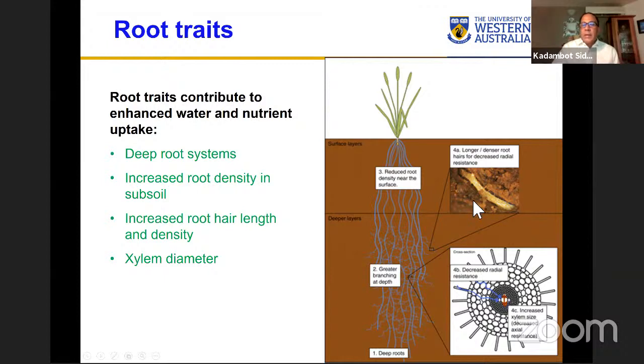Root hairs are the surface by which nutrients and water are taken up. Then the xylem diameter. If you dissect your root system, you can look at, for example, decreasing the radial resistance, and also increasing the xylem size decreases the axial resistance. If you look at the root as a pipe, the flow of water depends upon the length of the root, but also the diameter of that pipe.